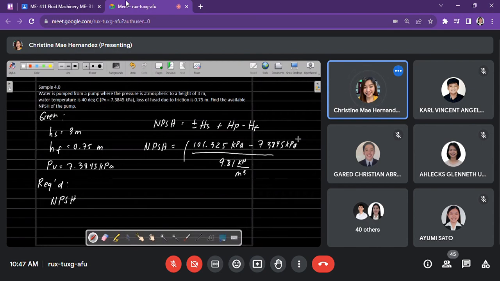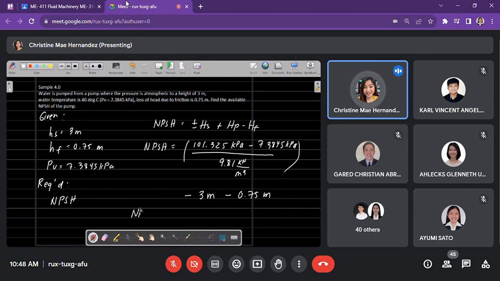So, ito yung kanyang HP o yung absolute pressure na liquid surface of the pump suction supply. Tapos, yung HS natin is 3 meters, and minus yung ating suction frictional head loss, 0.75 meters.